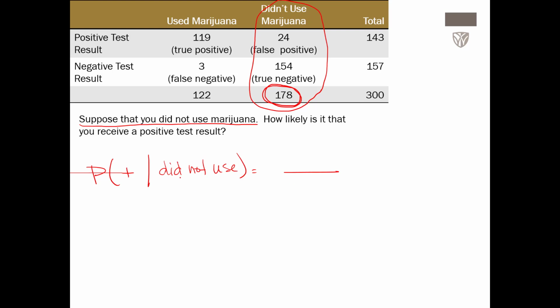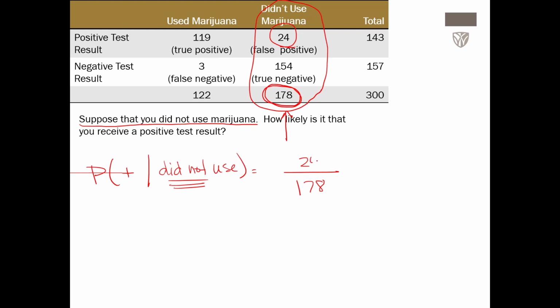When we're doing conditional probabilities, our denominator changes. It becomes the total for the column or row that we're conditioning on. In this case, we're conditioning on the column where we did not use marijuana, and the number of individuals in that column were 178. Our numerator is the number of people who have the characteristic we're interested in: the 24 individuals who did not use marijuana but got a positive test result anyway.